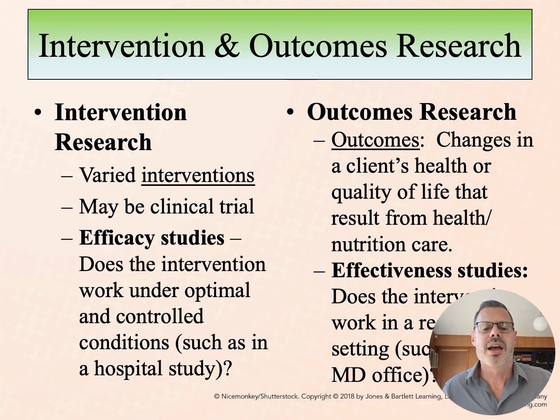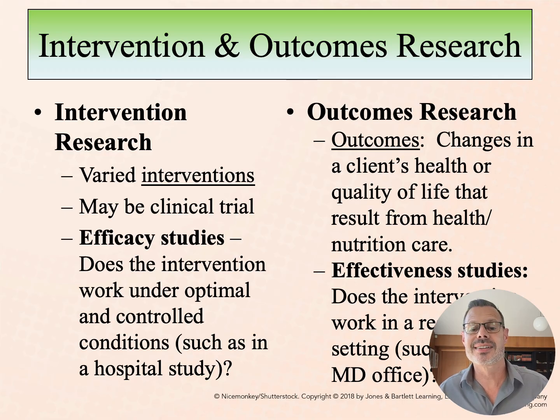Intervention research. We're looking at clinical trials. Typically, we're looking at an intervention, efficacy studies. Right. Does the intervention work under controlled conditions, like in a hospital? Okay, so this medication in this situation works. Now we go to outcome research, right?